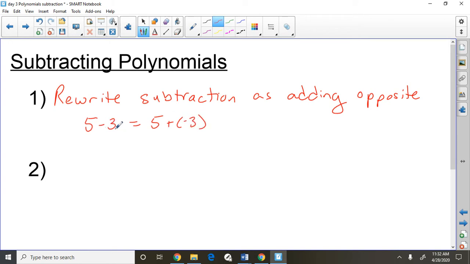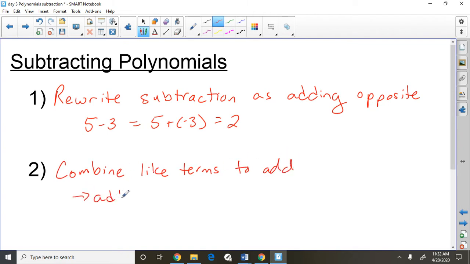The number that you are subtracting, you add the opposite of that number. Both of these are equal to 2 in this case. So we're going to take our subtraction, rewrite it as adding the opposite, and then we're going to add as we did before. So we're going to combine our like terms to add. And again, quick reminder, you add the coefficients and the exponents don't change.